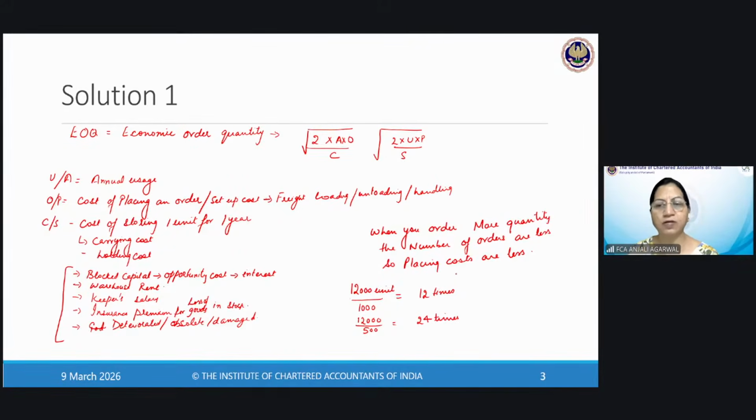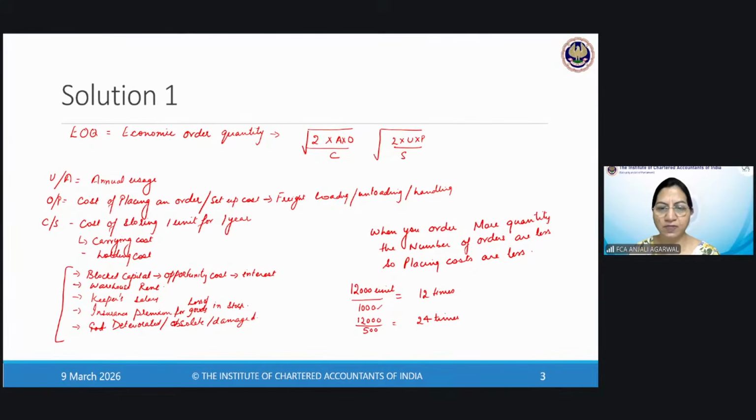So the more quantity you order, the fewer orders you place, and the total placing cost is less. However, storage cost will be high. If you order 500 units, you are going to store on an average 250 units, so the storage cost will pertain to 250 units.